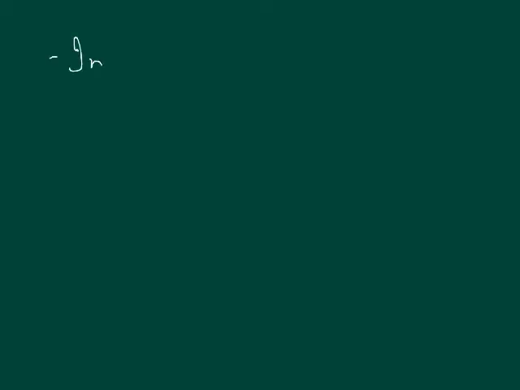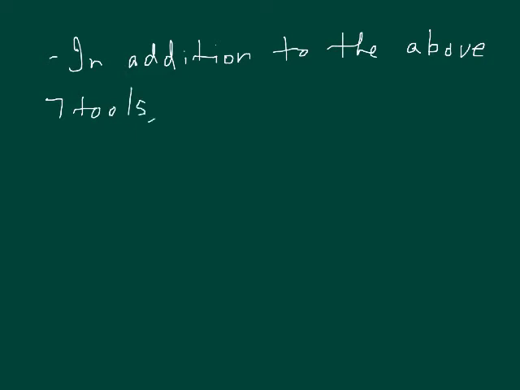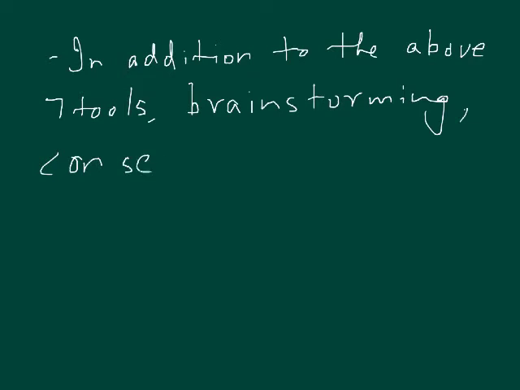In addition to the above 7 tools, at times brainstorming sessions do occur, and then you come to consensus to make a decision, or you can do multi-voting if it's a team-based approach.